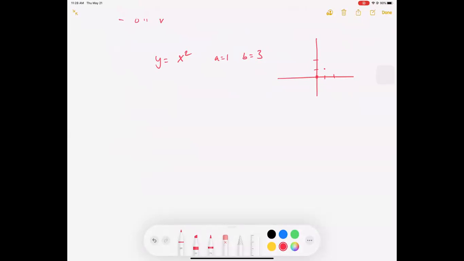Actually, I'm going to run out of room here. Let's change those marks a little bit. 1, 2, 3, 4, 5, 6, 7, 8, 9. 1 is 1, 2 is 4, and 3 is 9.